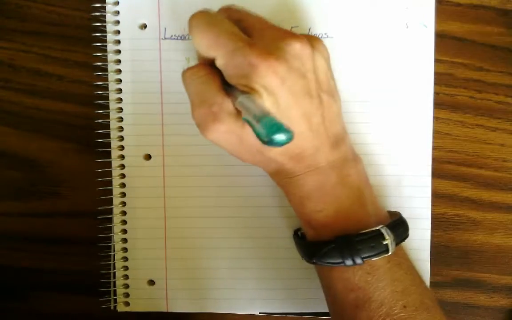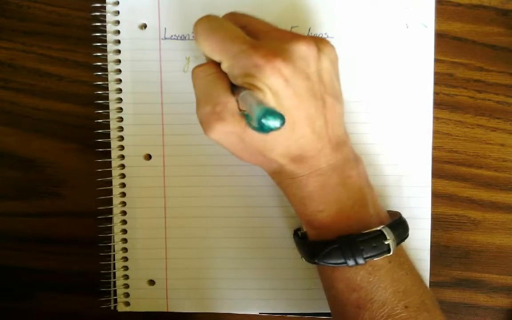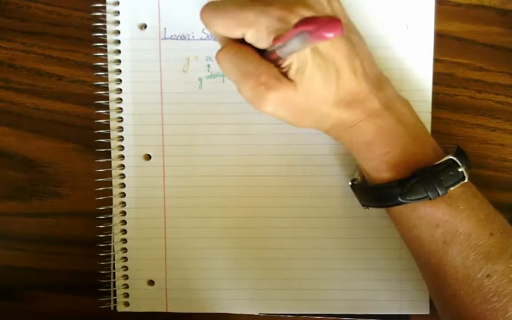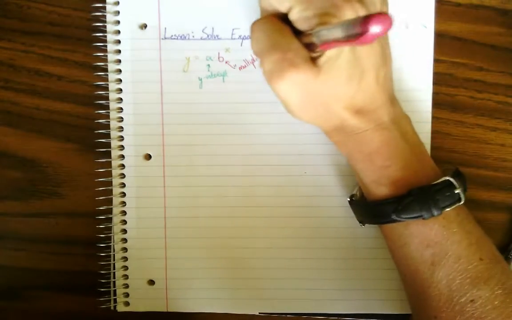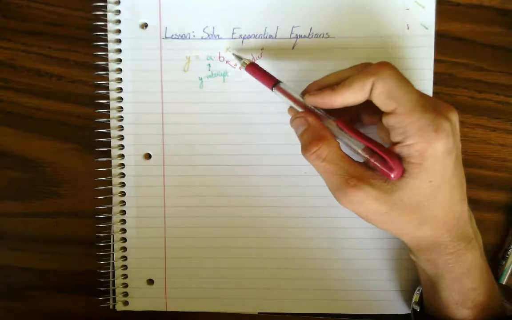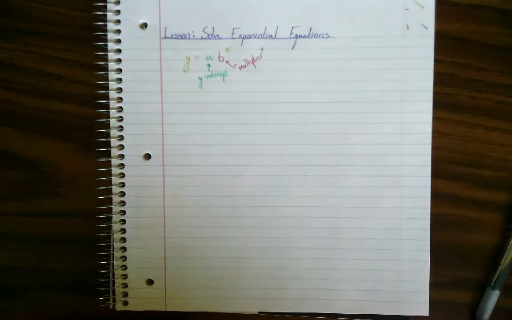So when we made charts, we found out that this was our y-intercept, and then this b value was our multiplier. So we called it a growth factor, I think, but basically it says every time you increase x by 1, what do you multiply the step before with?